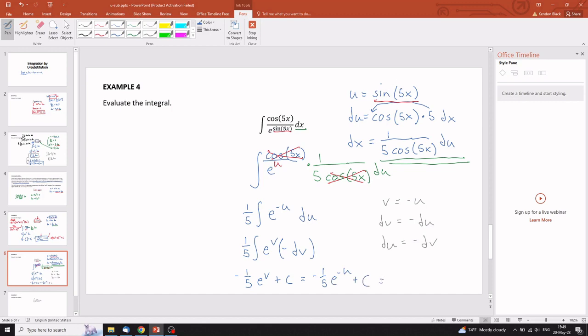And then the original u was sine of 5x. So negative 1/5 e to the negative sine 5x plus c. And that's going to be the final answer.